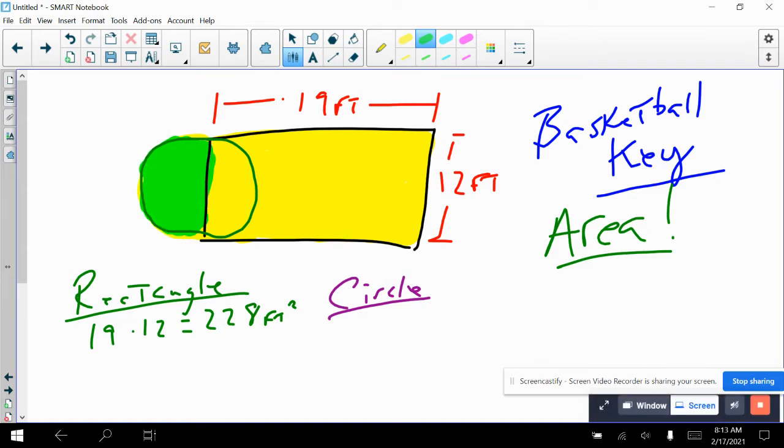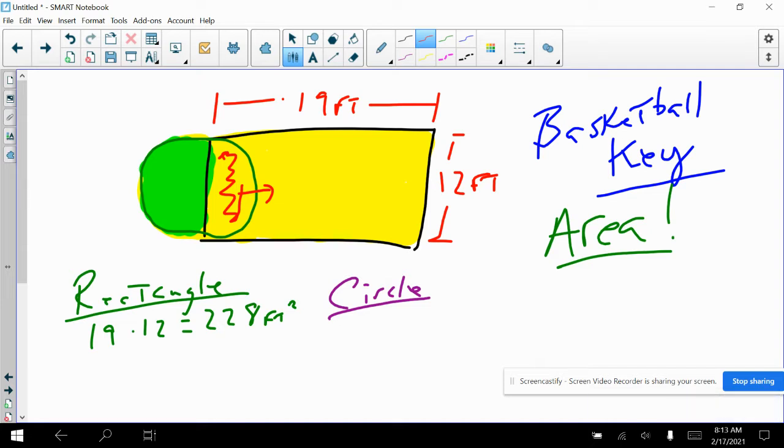You might want to pay attention. Listen, we already found this part, didn't we? With the rectangle. This is where you got to be careful. So what are you actually finding? You're only finding a half a circle. You already found the other half, right? Because it's already inside the rectangle. This is the visualization that you have to pay attention to, right?